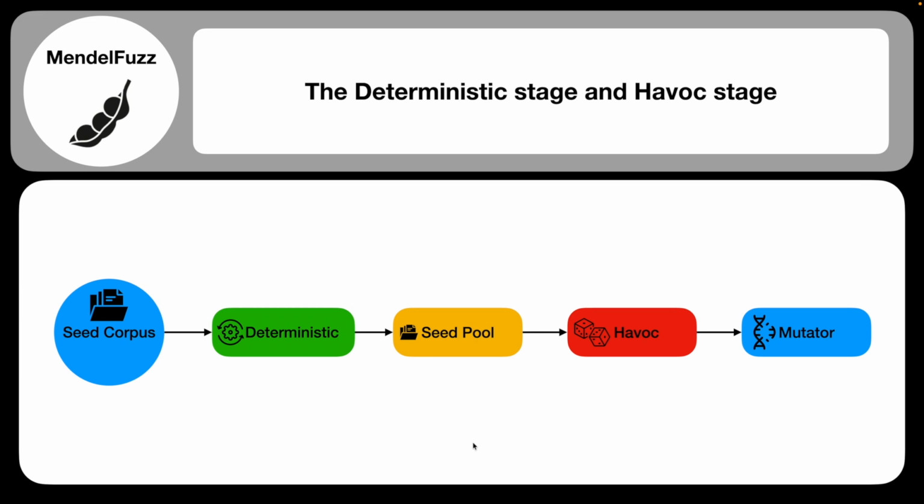This occurs in between the seed corpus and seed pool. The idea is that you take your seed corpus of valid inputs and then you apply a lot of small changes to them to actually increase the size of your seed pool. So then out of these two stages of deterministic and havoc, MendelFuzz looks into the deterministic stage.